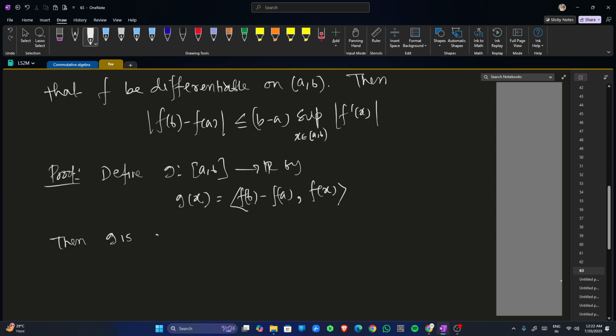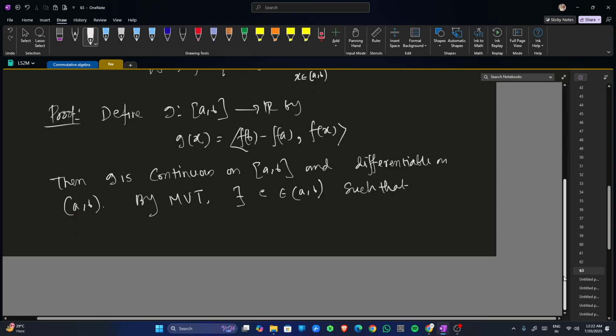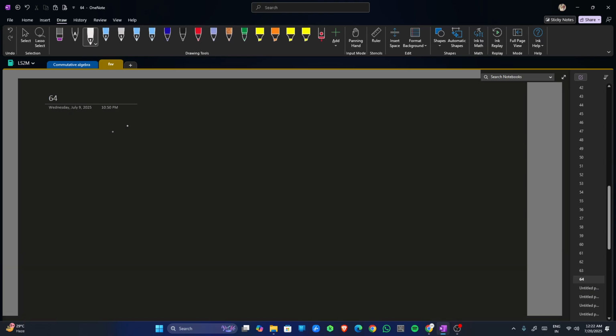Then g is continuous on [a, b] and differentiable on the open interval (a, b). By the mean value theorem, there exists a c belongs to (a, b) such that g(b) minus g(a) equal to g prime(c) times (b minus a).